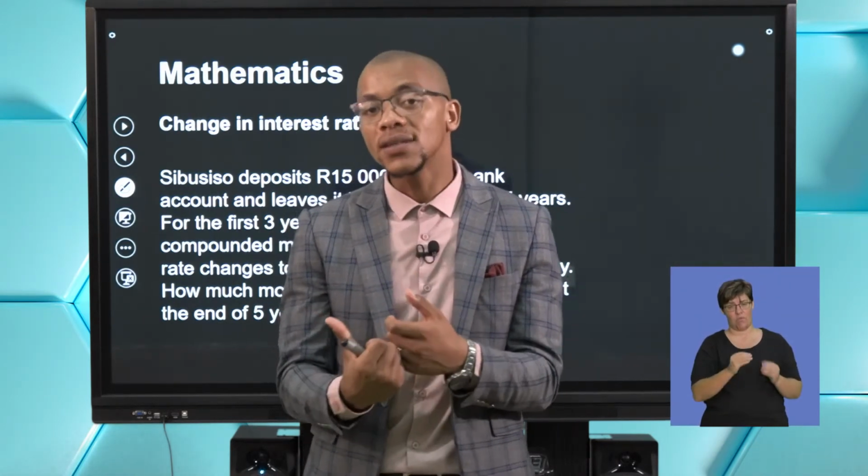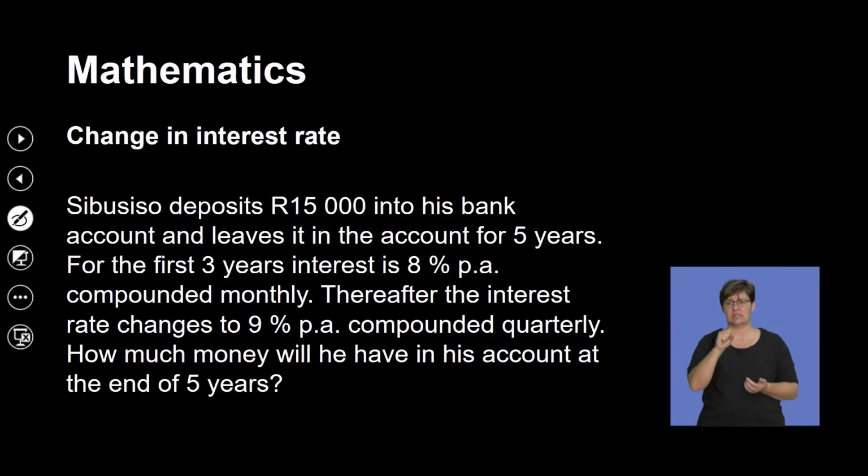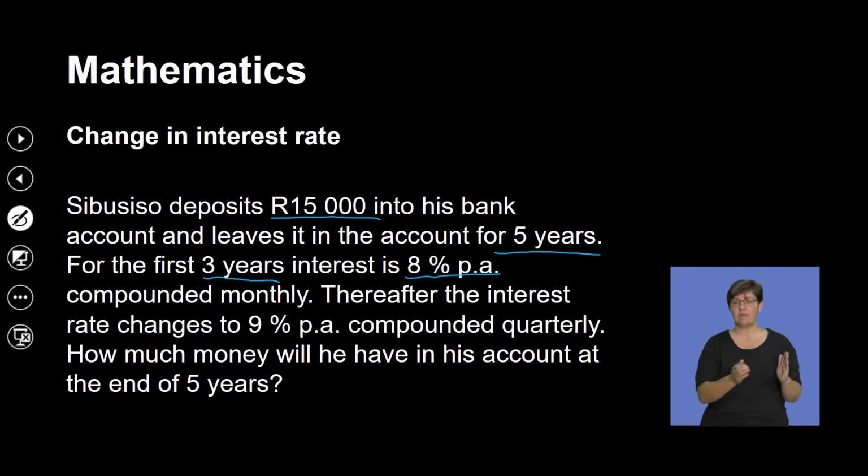Now, with this question, we have a guy, Sibusiso, right? Sibusiso then deposits 15,000 into his bank account and leaves it in the account for 5 years, right? But for the first 3 years, the interest is actually given to him as 8% per annum, compounded monthly, right?